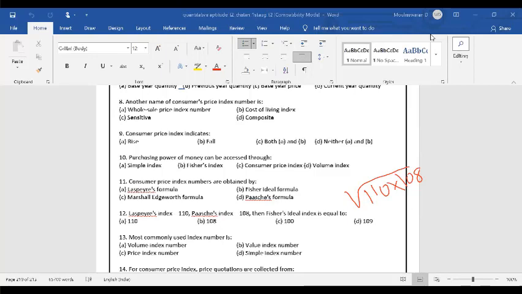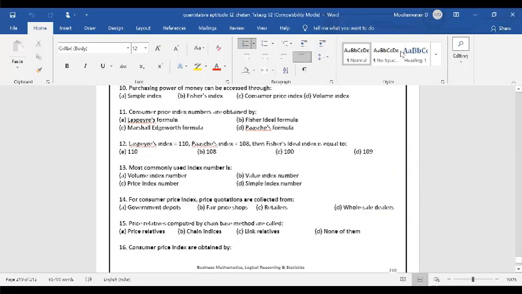What are you getting? 108.99, sir. So can I take 109? Yes, sir. Then the most commonly used index number is the price index.